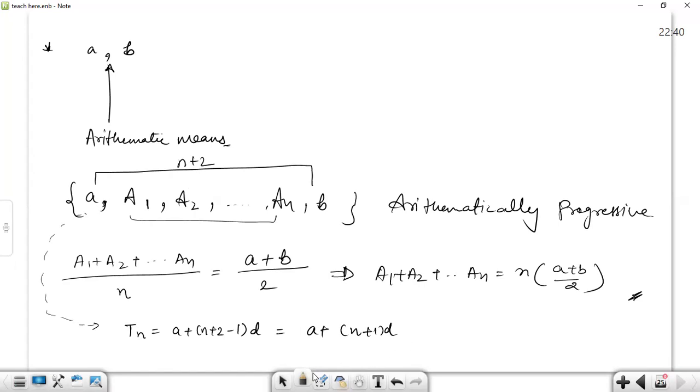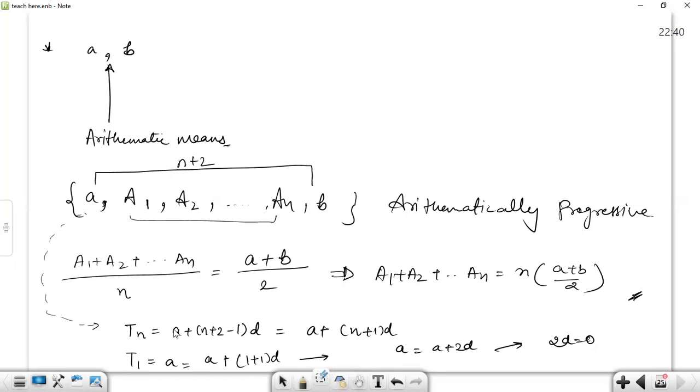If you are looking for the very first term, that is a. If we find t of 1, which is a, it should be given by a plus n plus 1, which is 1 plus 1 into d. So if we further write it, a equals a plus 2d.